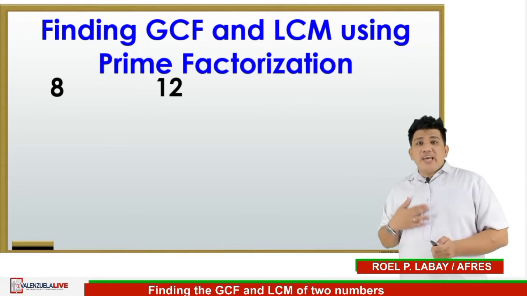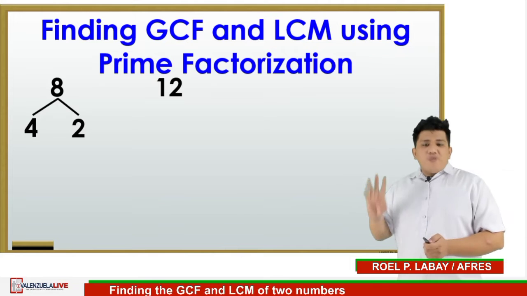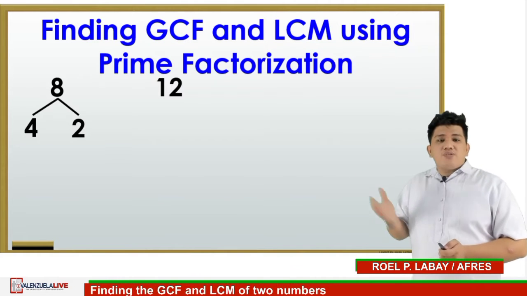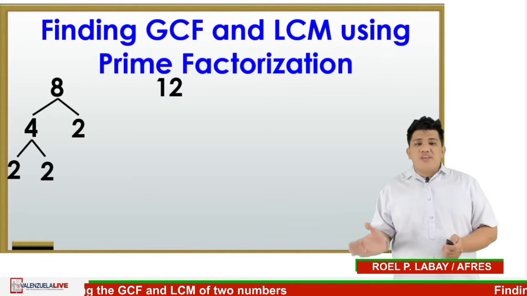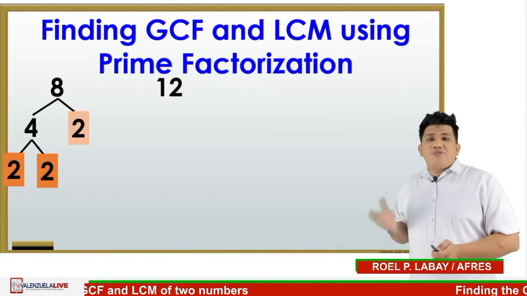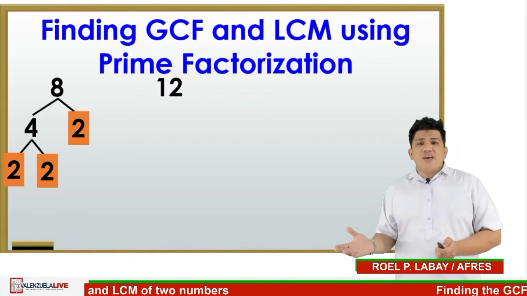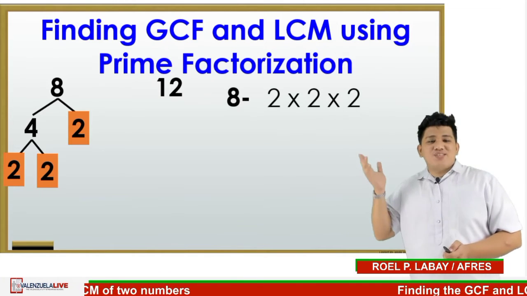Let's factor 8 into 4 times 2. However, 4 is not a prime number, so let's factor 4 into 2 times 2. We will not factor 2 any further because it is a prime number. Therefore, the prime factors of 8 are 2 times 2 times 2.